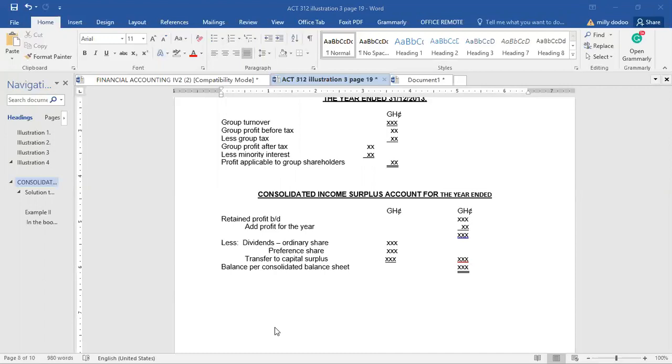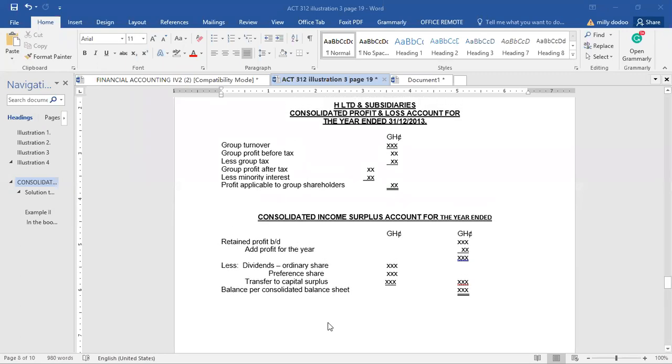Then you less dividends and transfers, and if you have any other transfers, you bring them there. And then you have your retained earnings. So this is the format you'll be following when it comes to consolidating your profit and loss account.